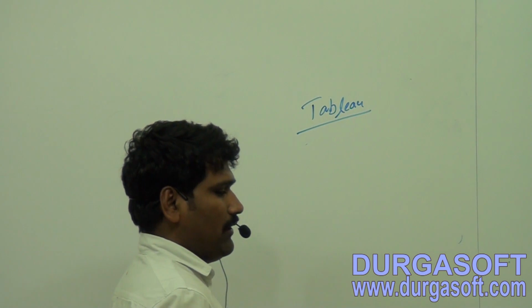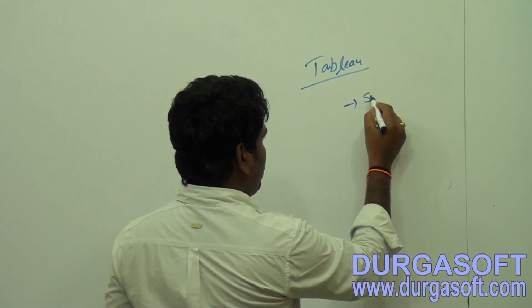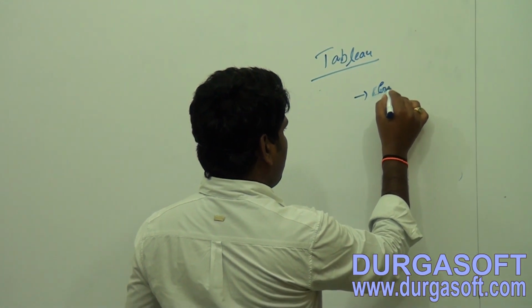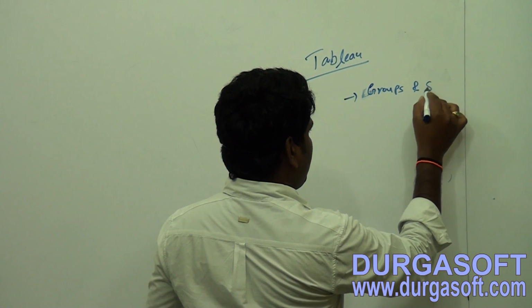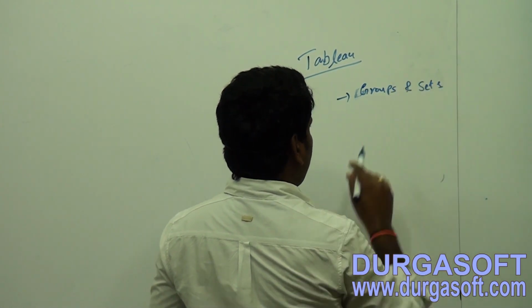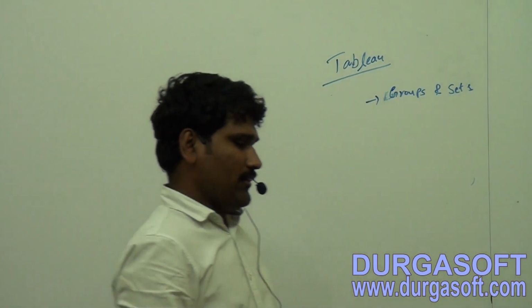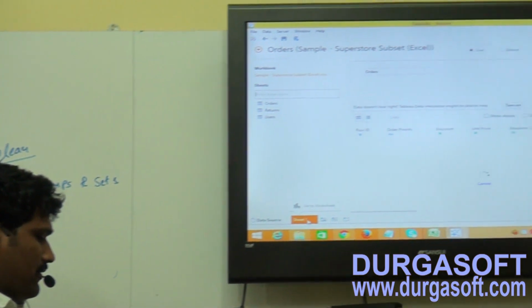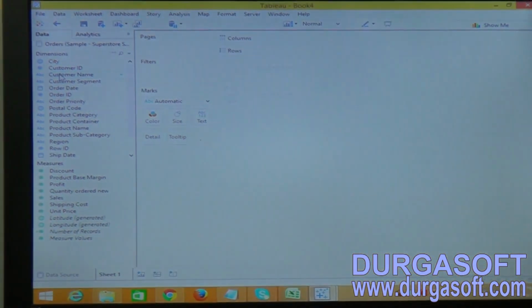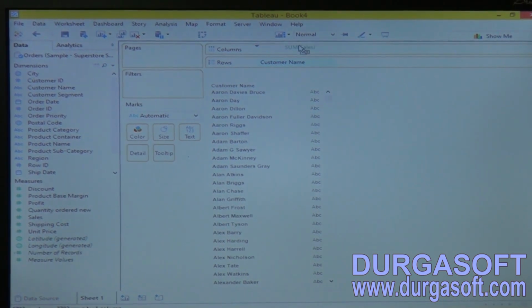Now we are going to discuss groups and sets. Here, when we see the data, we have many values or rows.